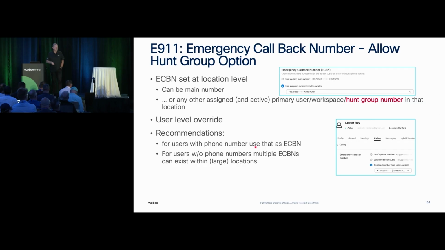You want the ECBN callback to go to that user specifically, and only for users without phone numbers, then you use an ECBN. Either the ECBN is defined at location level or you can have multiple. And the nice thing is you can now do hunt groups, and then the hunt group members would probably be users in your location, in your organization, that are responsible to properly handle incoming ECBN calls, incoming PSAP callbacks, right?